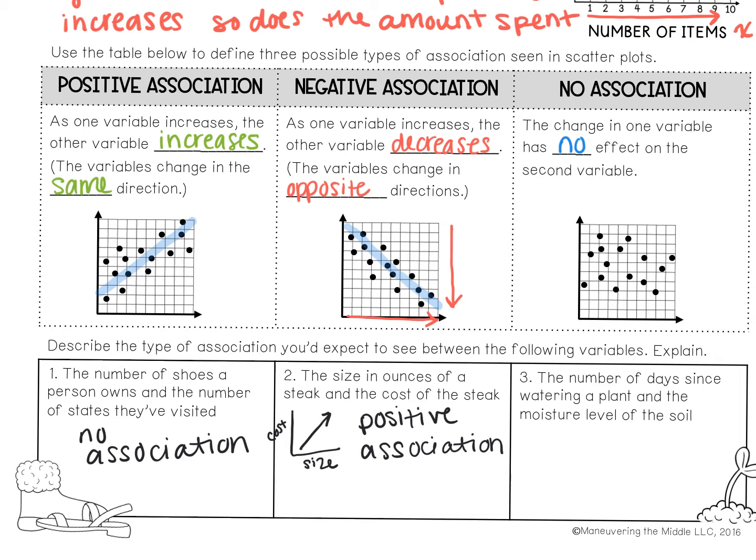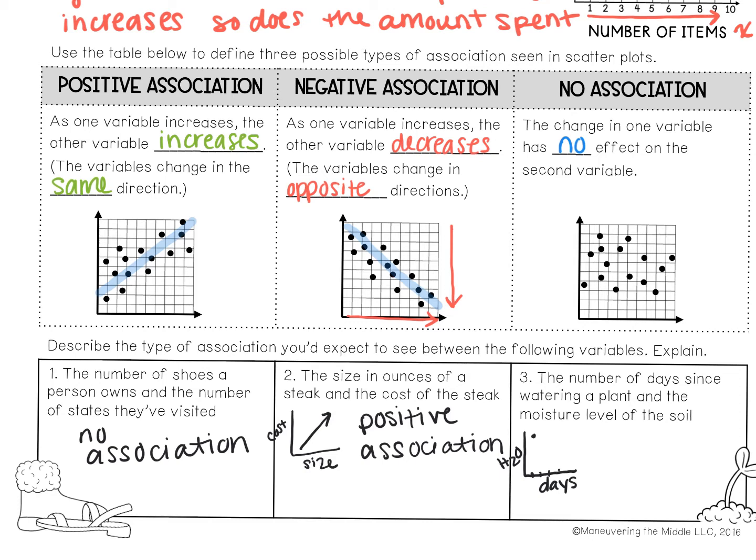Number 3 says the number of days since watering a plant and the moisture level of the soil. So if I'm looking at the days and the moisture in the soil, on the first day that I watered the plants, there's going to be a lot of water in that soil, right?